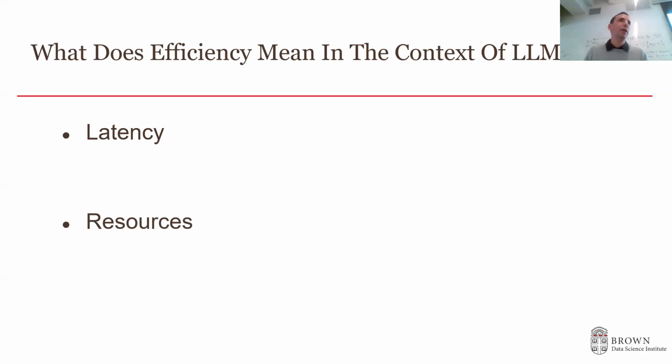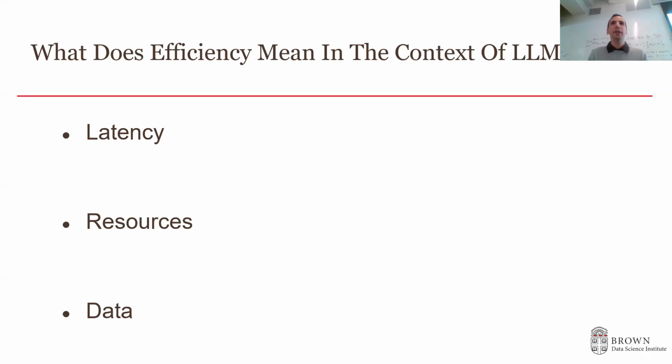We want to train or run inference on a model with as few GPUs and resources as possible. And the third thing that comes to mind, I guess, is data. We want to need as little data as possible to train our model, because data curation is also a very hard and expensive process.